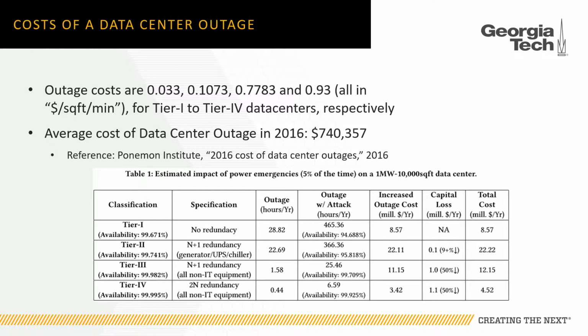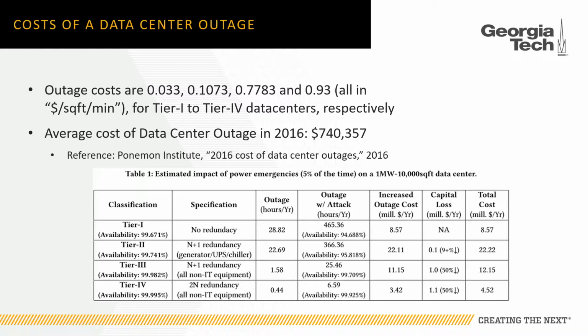And as you can see, the more complex and robust and redundant the power architecture of the data center, the higher would be the cost of an outage in that data center.